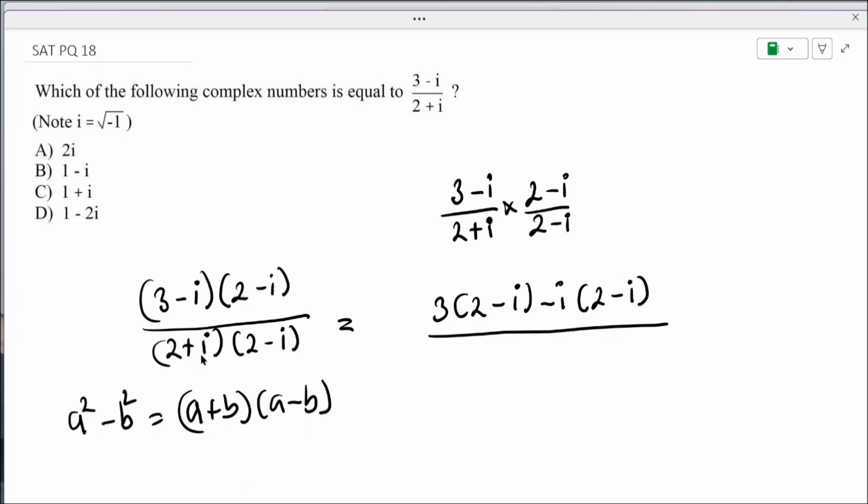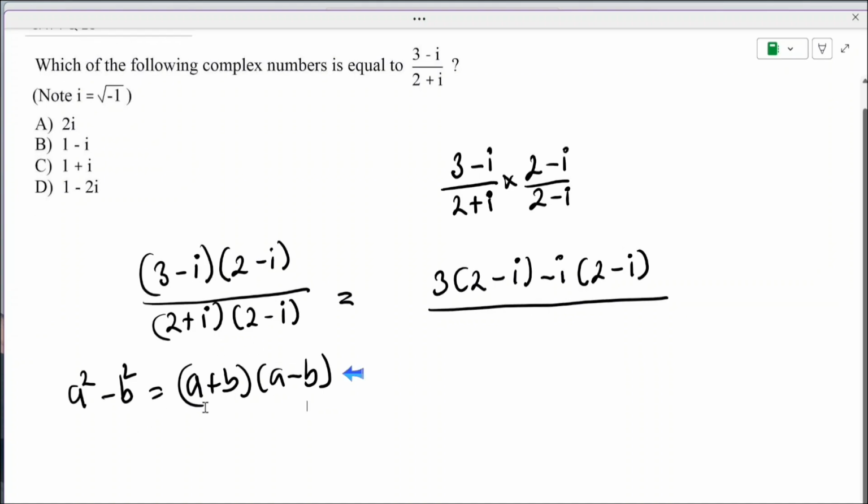You have 2 plus i and 2 minus i. One has a positive, the other has a negative, the same values except for the signs in the middle. Same as this, meaning you can get this to look like this, where your a is 2 and your b is i.